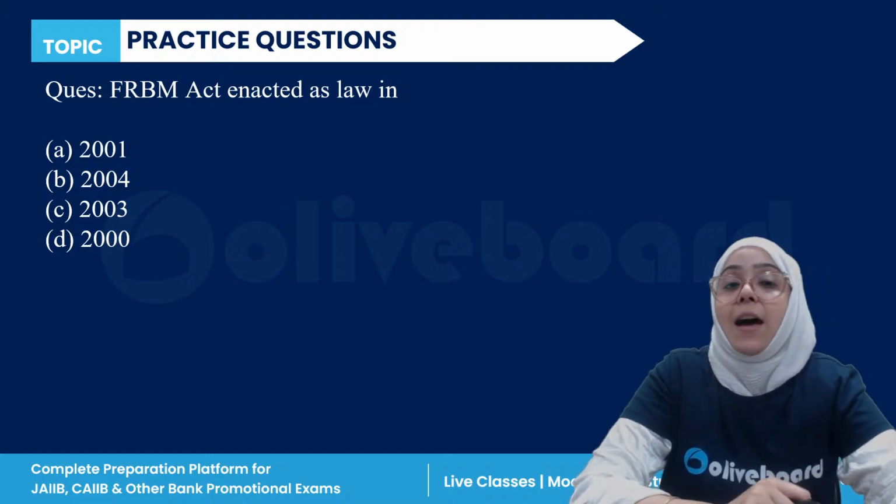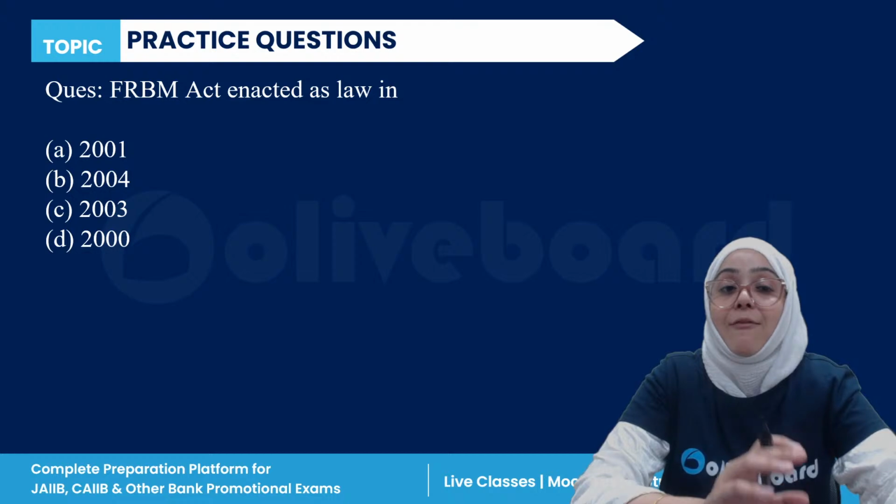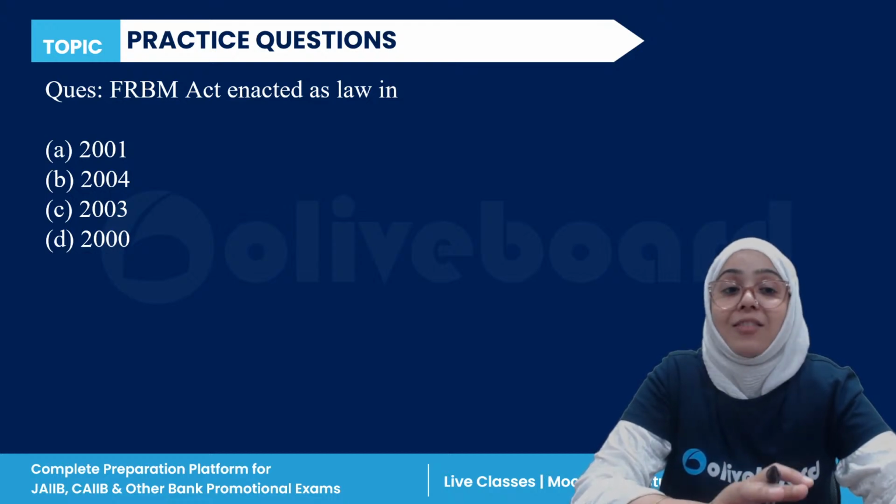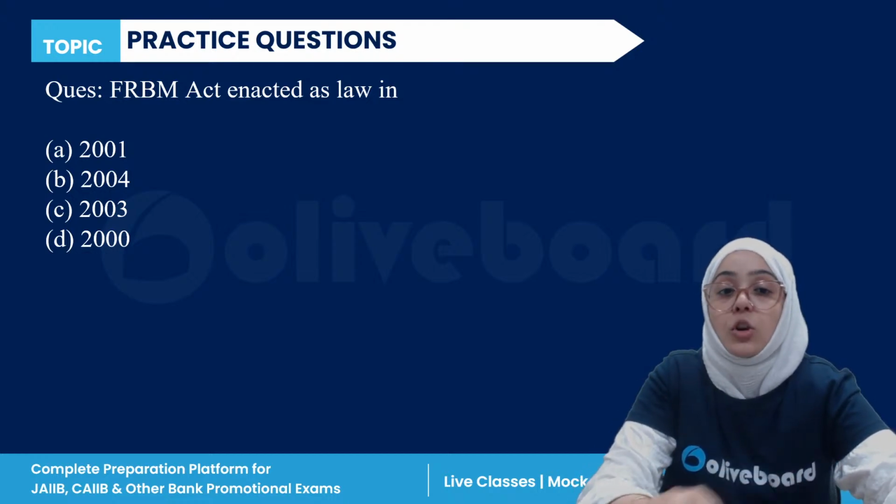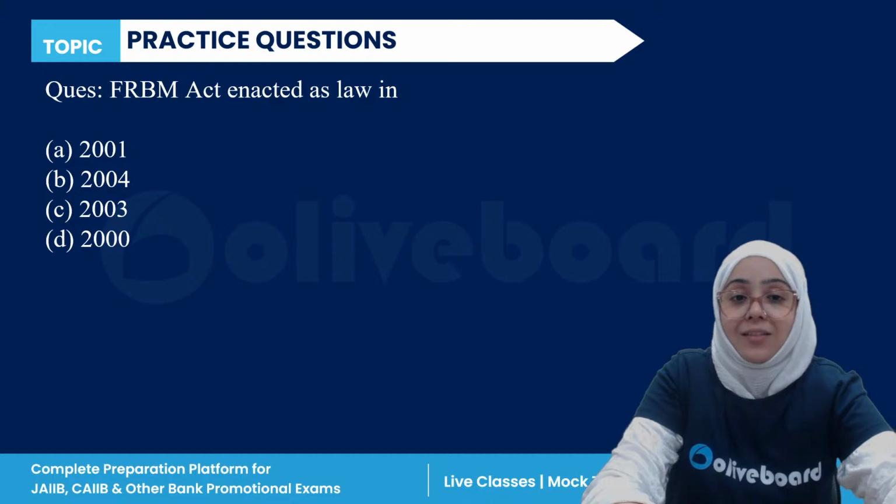Next question. The FRBM Act was enacted as law in which year? 2001, 2004, 2003, or 2002? FRBM is the Fiscal Responsibility and Budget Management Act. Everyone, please answer this question.